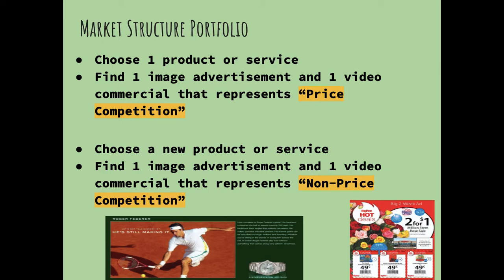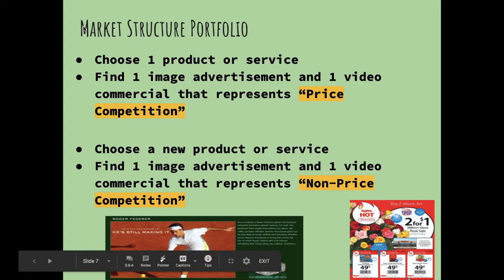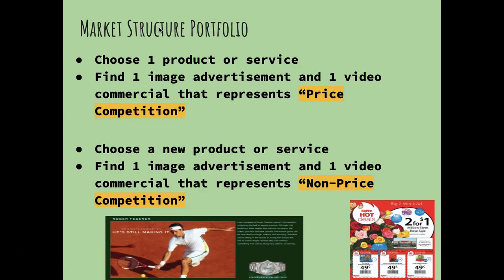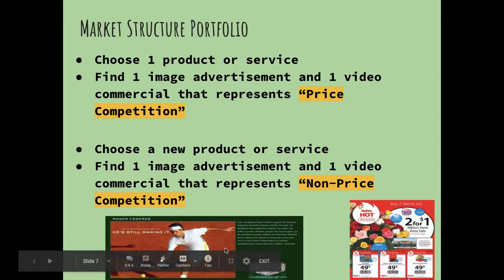Throughout this process, you're going to keep track of different concepts, different market structures, and you're going to be looking at examples and sometimes analyzing and breaking down those examples. The first part will be looking at price and non-price competition. Your task is to find an image or print ad. It should be a print advertisement, not just a picture of a product.